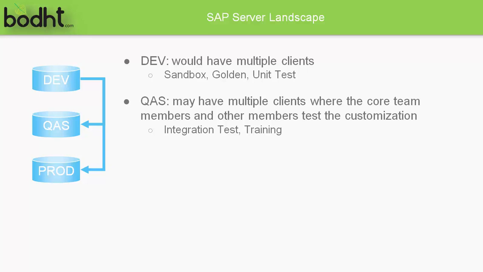You are going to do that testing in the integration test client. And training clients are basically meant for training the users of the company where you are implementing SAP, so that they are ready to do the user acceptance test.